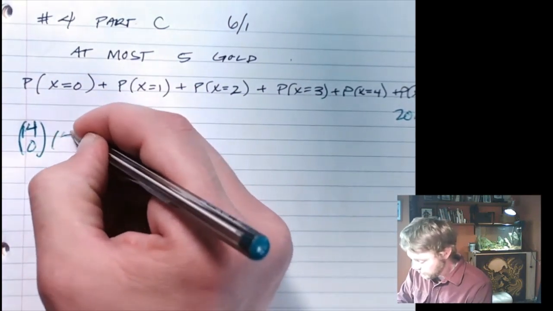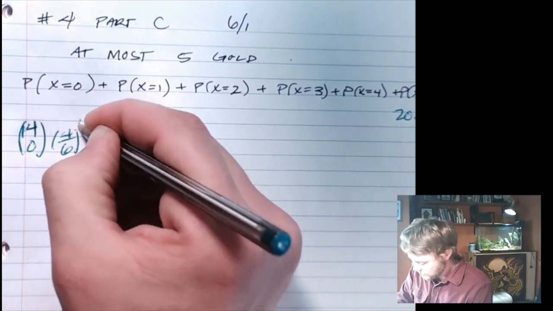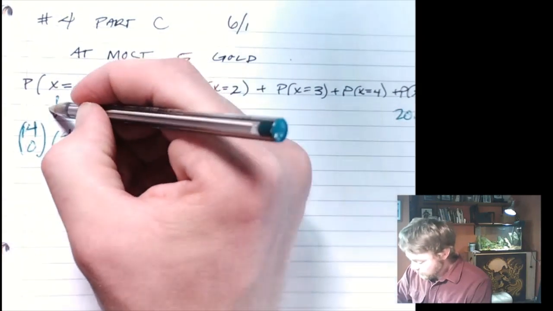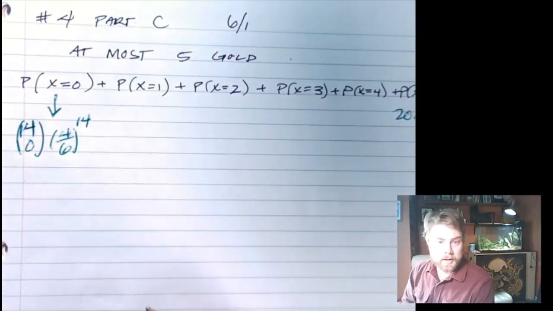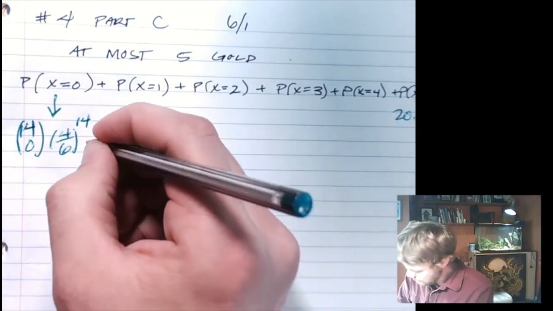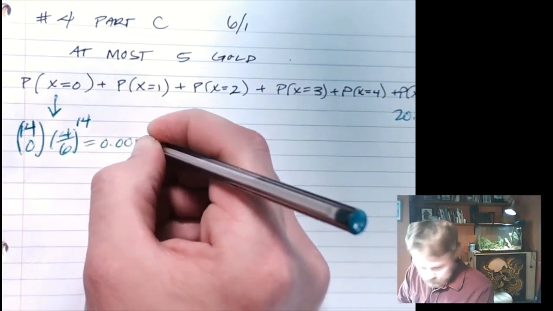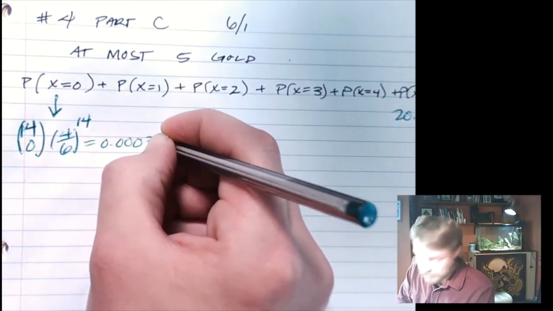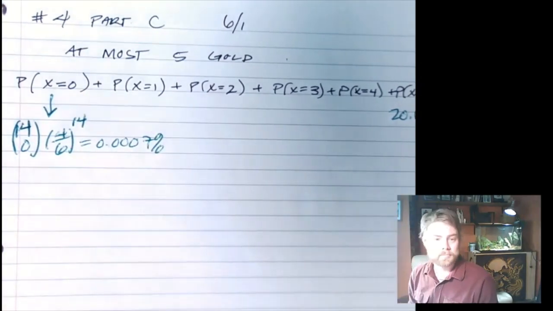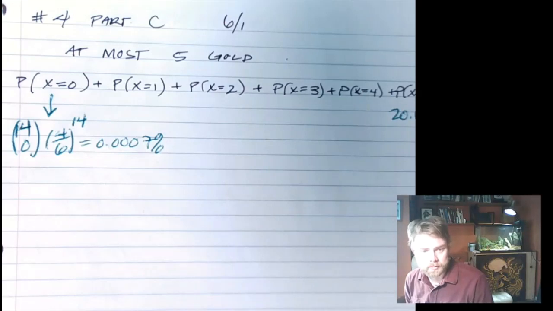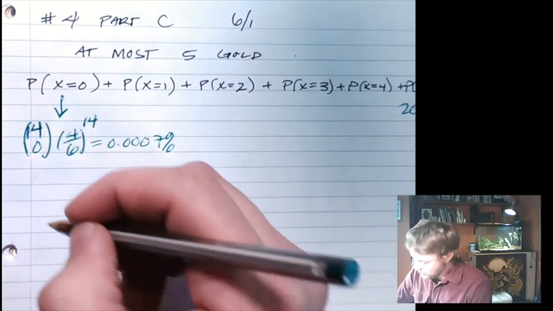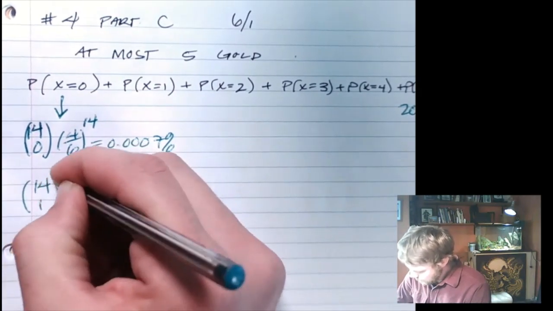They're all silver. 6/10 to the 14th. Okay, so that one would be here. And if we crunch this number, this one is 0.0007. It's almost impossible to draw 14 silvers.